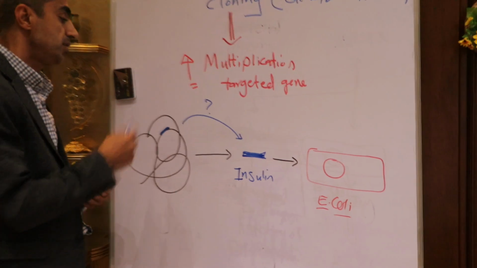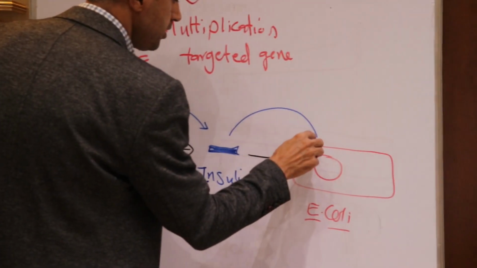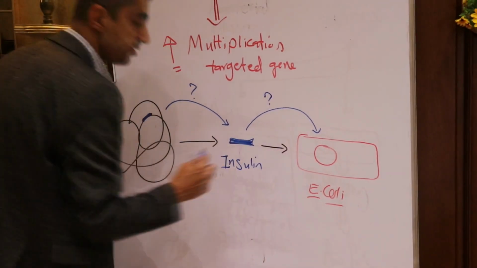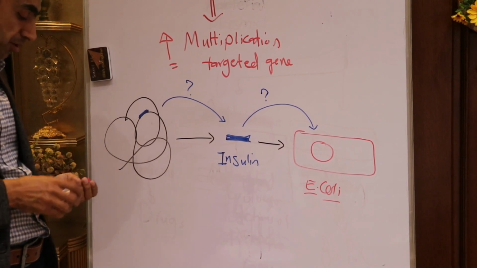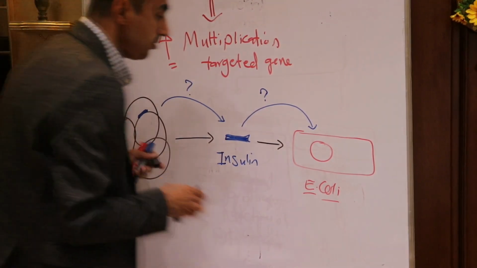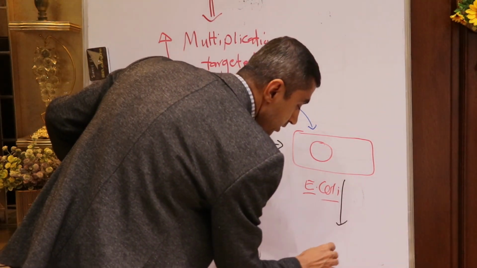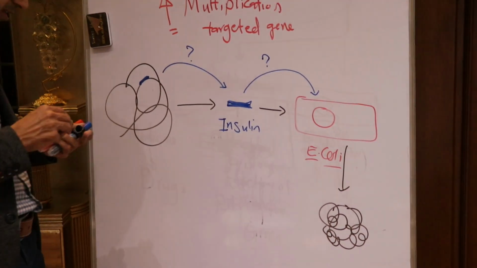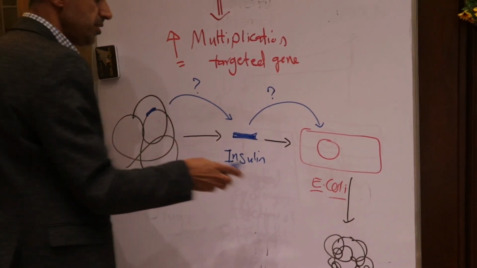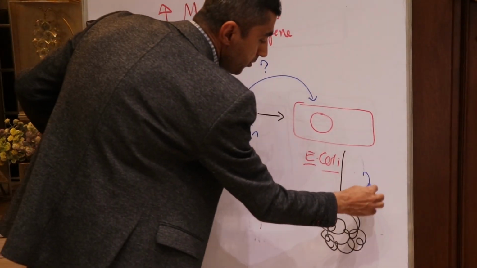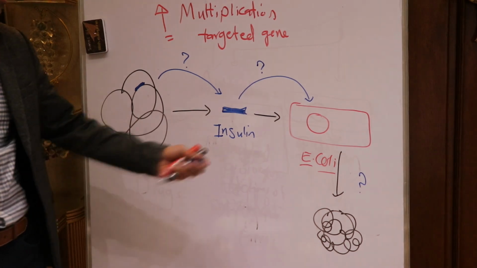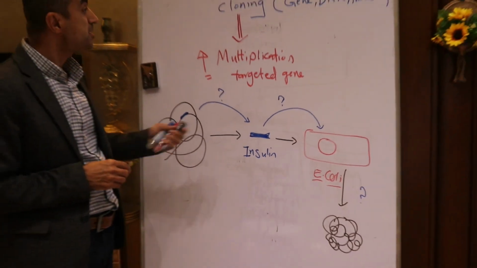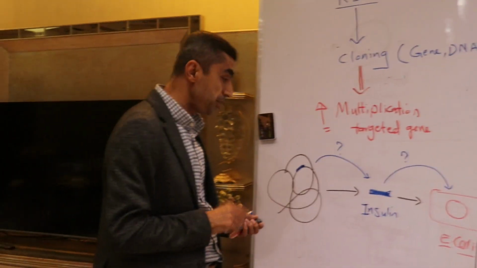The second issue: how is this gene inserted into a targeted cell? And this cell produces insulin products. But how does the recombinant cell produce this insulin product? So this issue will be discussed in this video.